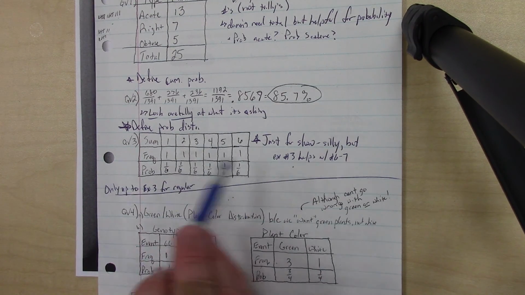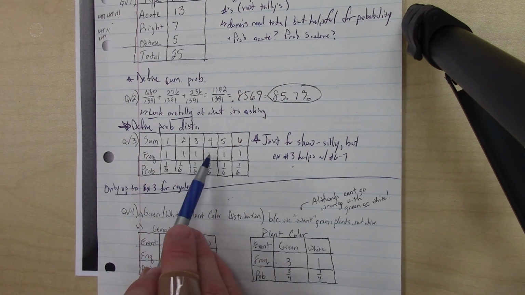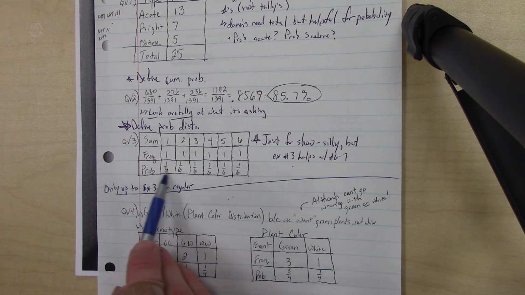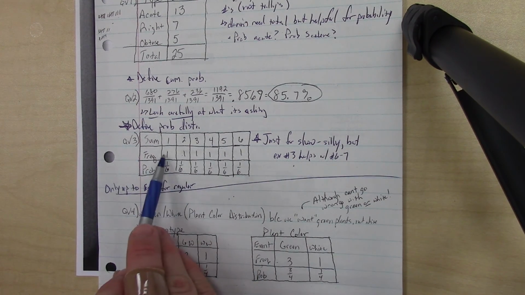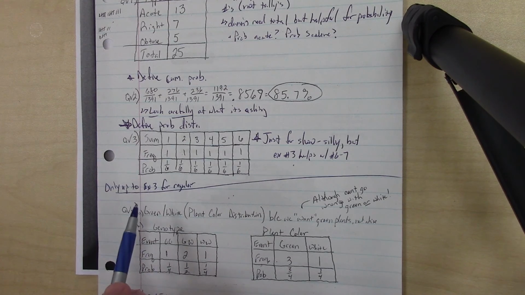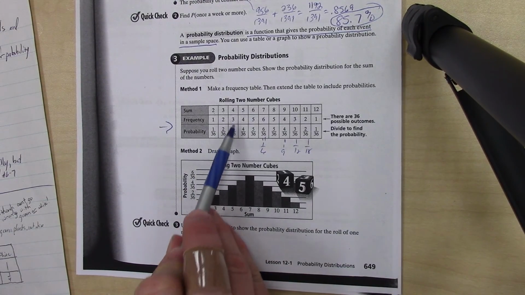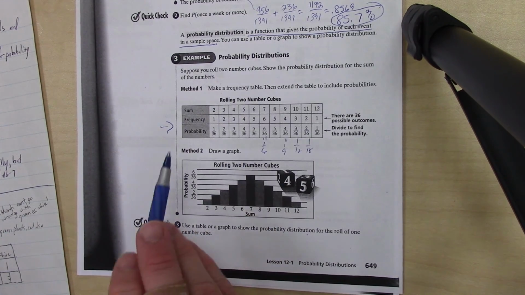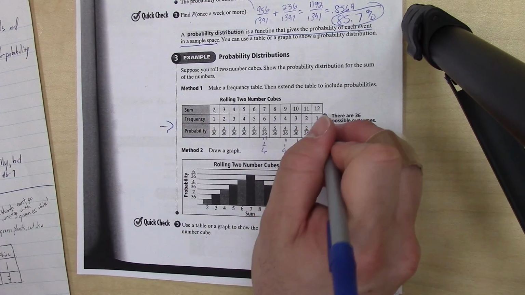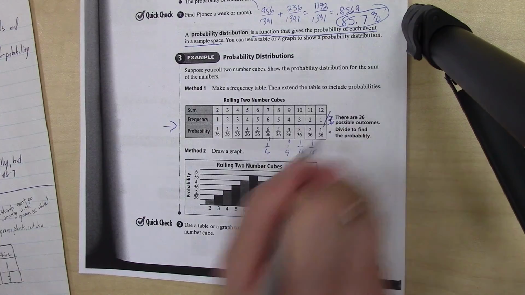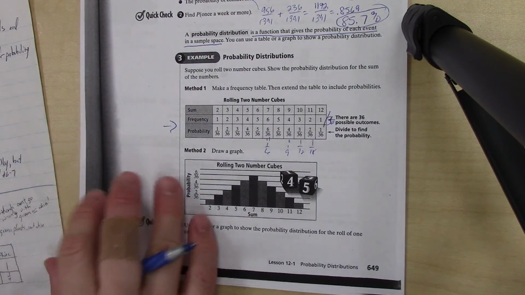Now, again, if the frequencies were like 1, 2, 4, 2, 6, 5, then I would add those all up to get this bottom number. The frequency over that total is what I'd write in the probability, as it is here. There were 2 out of the total, 3 out of the total, 4 out of the total, and so on. They got the total by adding up this, and that's why there was an arrow there. Okay, all right, next page.